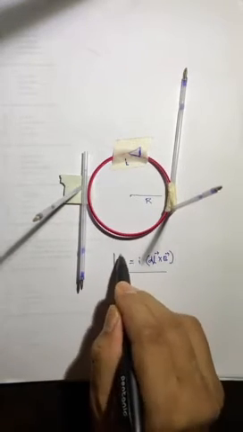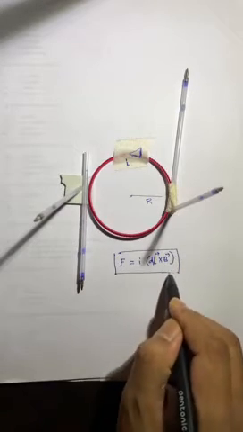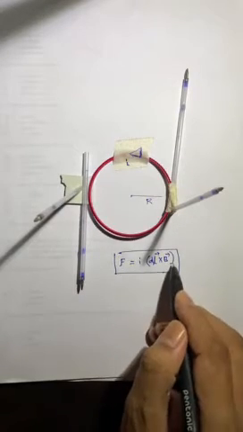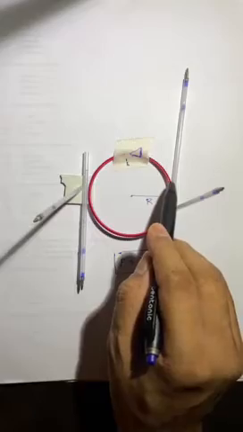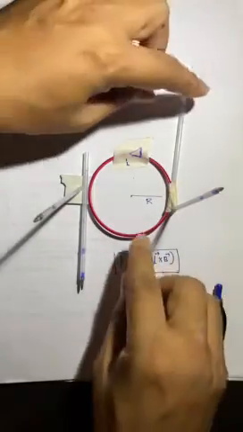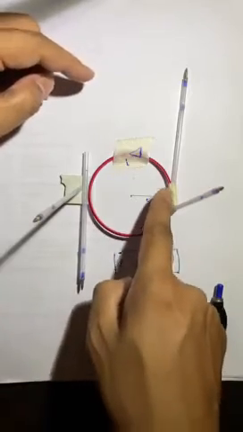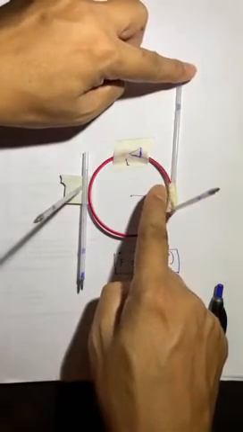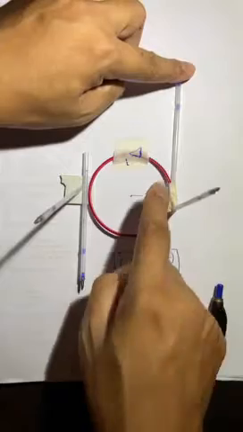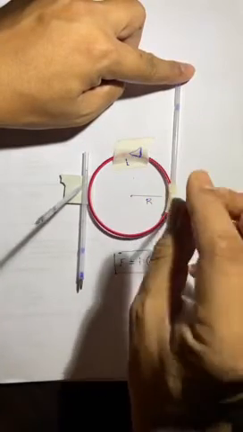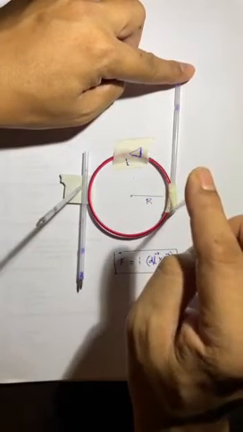So this is the equation of the force, I dl cross B. If we draw a tangent, this is rotating anti-clockwise, so the tangent will be towards this direction, and this is the direction of the magnetic field, perpendicular to the surface.